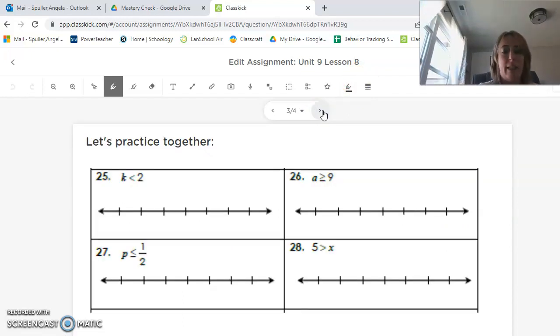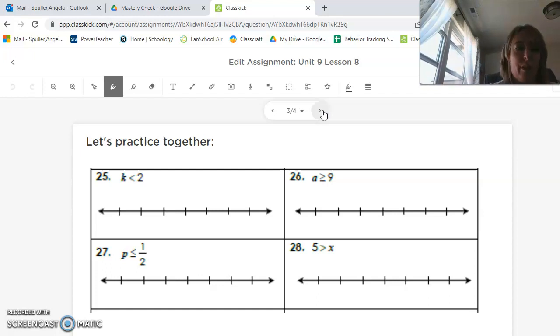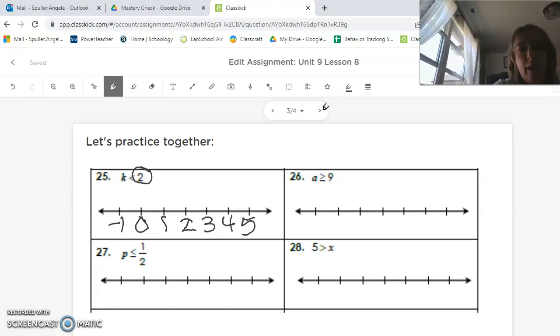All right, so let's practice. The first thing we have to do is determine what we're going to label our number line with. I always like to start in the middle with the number I see here. 2, and then I'm going to go 1, 0, -1, they get less, then 3, 4, and 5. Remember, it's less than, so it's an open circle.